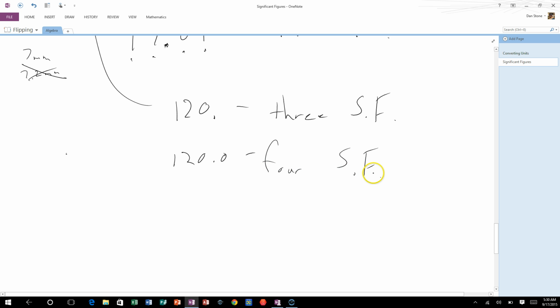Because, again, our last rule says that this zero is going to be significant as well. So, even though they may look like they are the same number, the amount of significant figures tells us how accurate our measurements are and how reliable we can count on something being as close to this number 120 as possible.